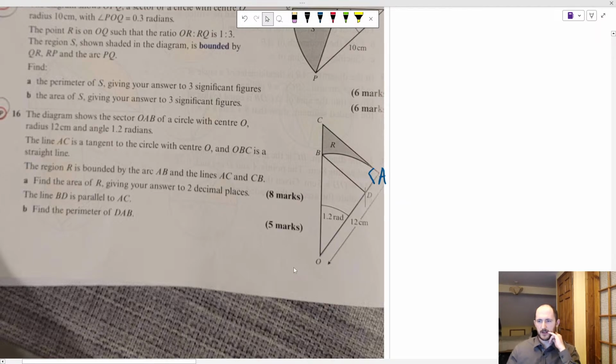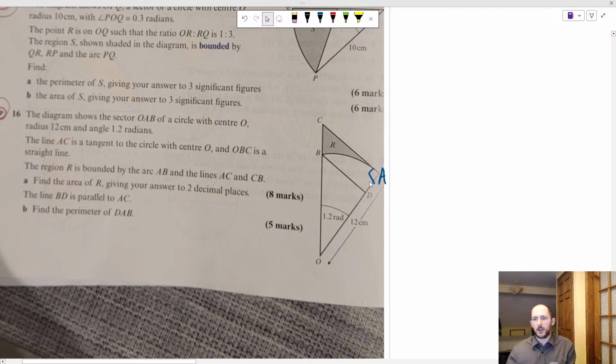And OBC is a straight line. The region R is bound by the arc AB and the lines AC and BC. That's so much information. Find the area of R.